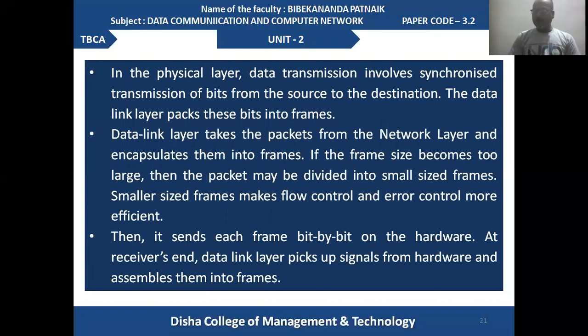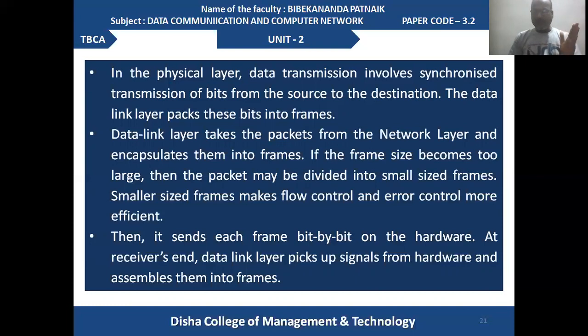In the physical layer, data transmission involves synchronized transmission of bits. Every piece of data transmitted over a network consists of binary bits, that is zeros and ones, as I said earlier in the poll and select protocol system.